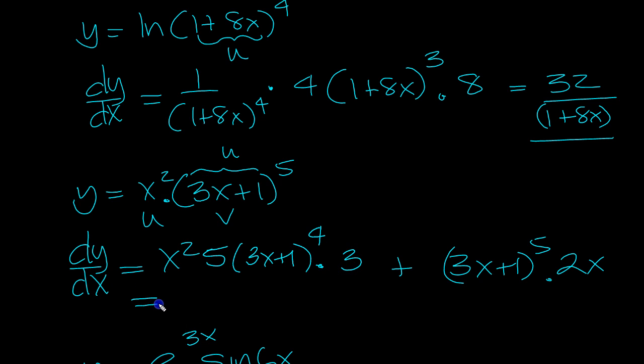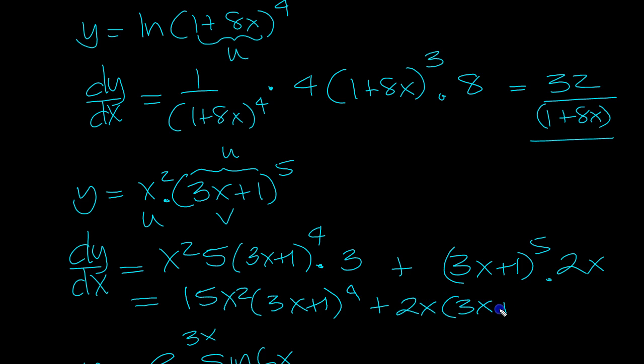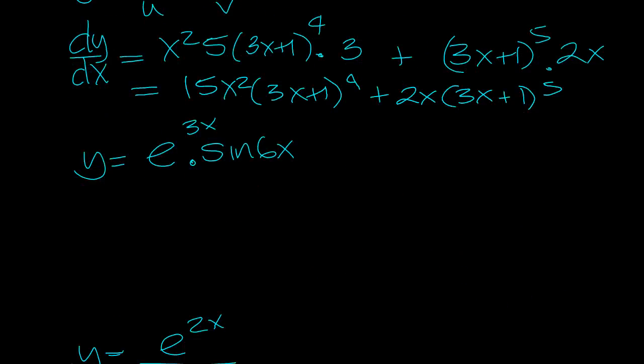There we are. So that's what we've got. We've got 15x squared (3x plus 1) to the 4 plus 2x (3x plus 1) to the 5. And we could tidy that up still further, of course, using algebra, couldn't we?